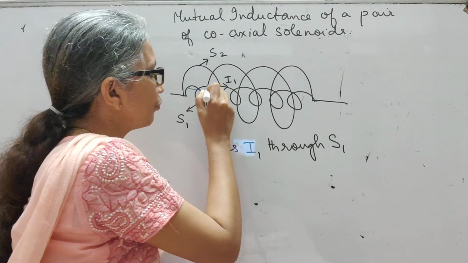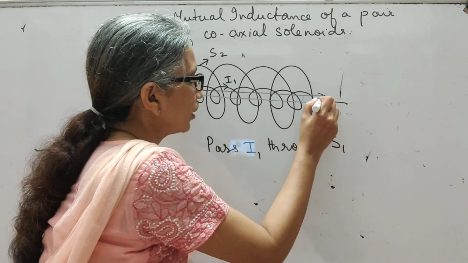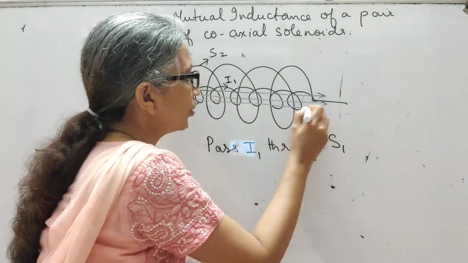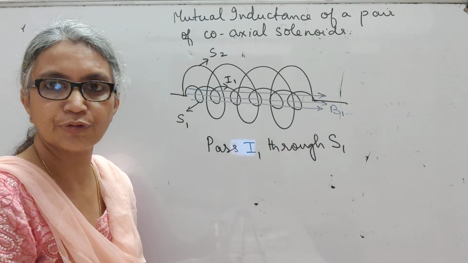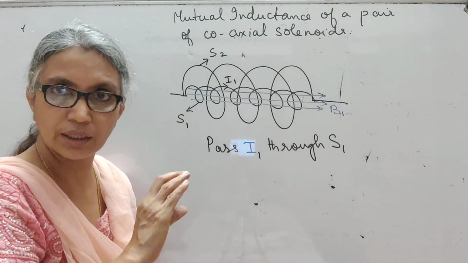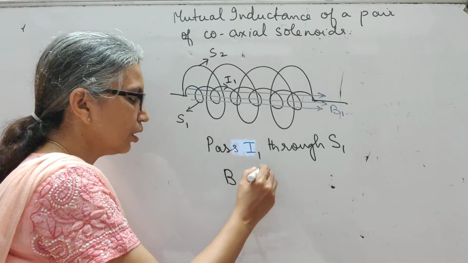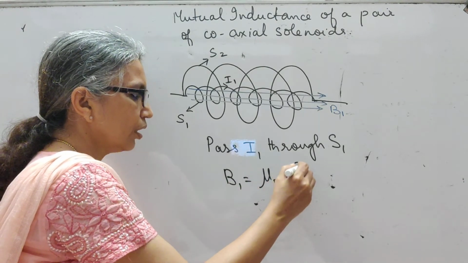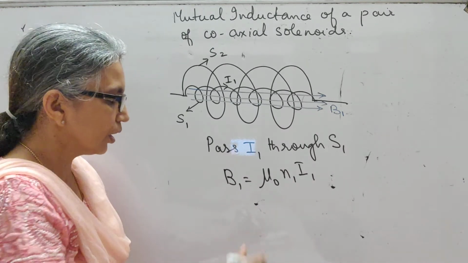So we have a magnetic field inside the solenoid here because only this is now carrying current, and I am going to call this B1 because it is the magnetic field due to current I1 in S1. That B1 formula will be mu 0 n1 I1.